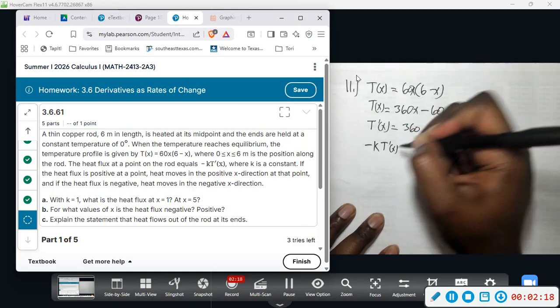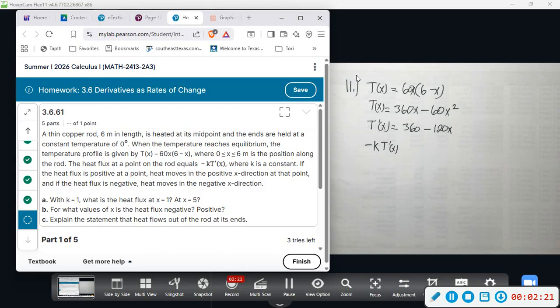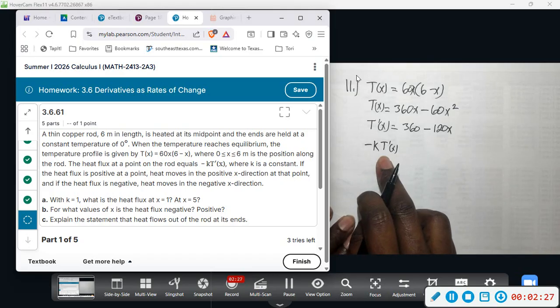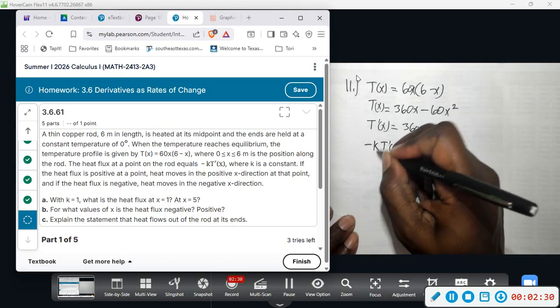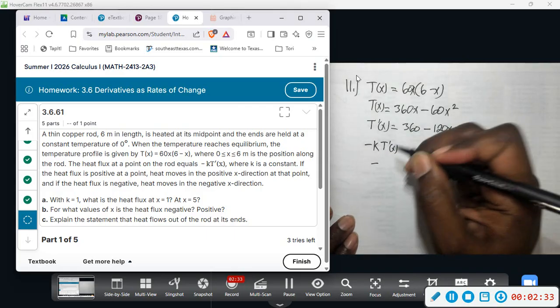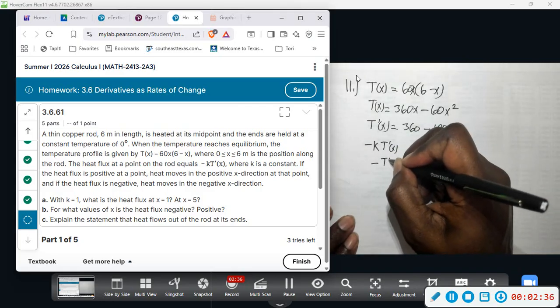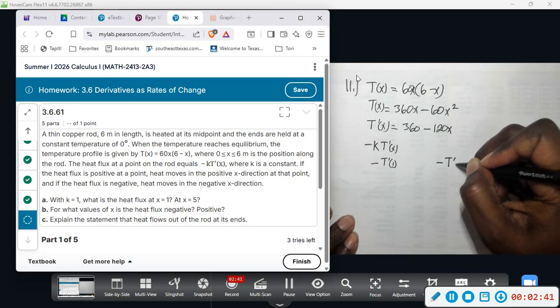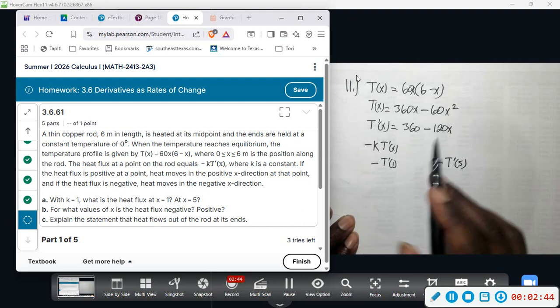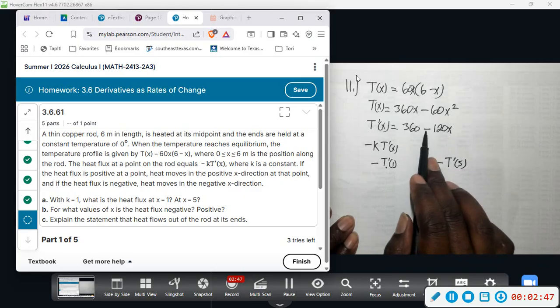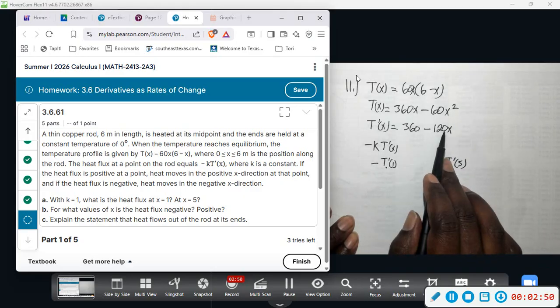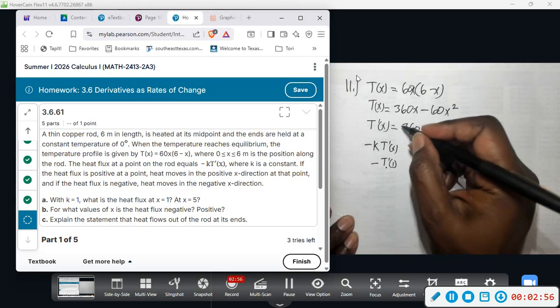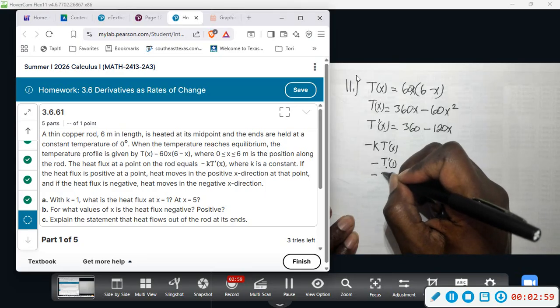Okay. So first we want to know, with K equals 1, what is the heat flux at x equals 1 and 5. All right, so we'll plug in a negative 1 times T prime of 1 and T prime of 5. So plugging in a 1, we'll just do 360 minus 120. When we subtract 120 from 360, that gives us 240, but it'll be a negative, so this will be negative 240.